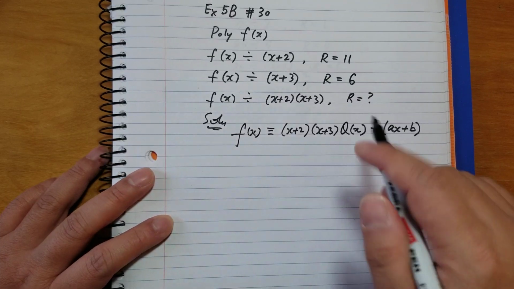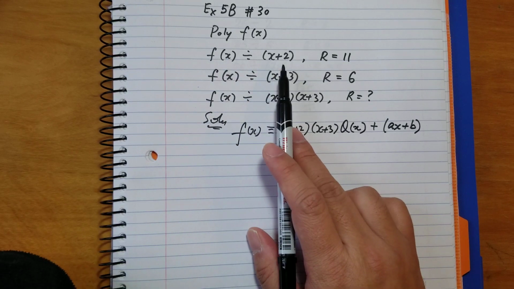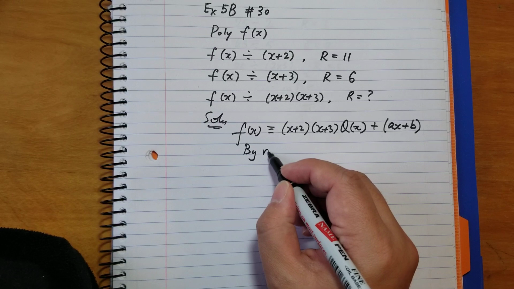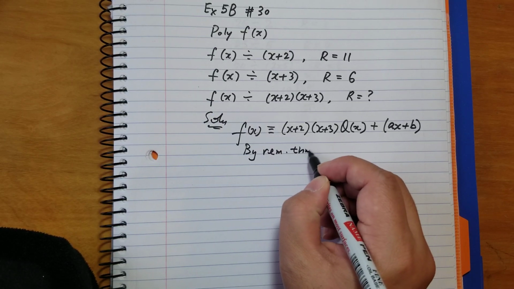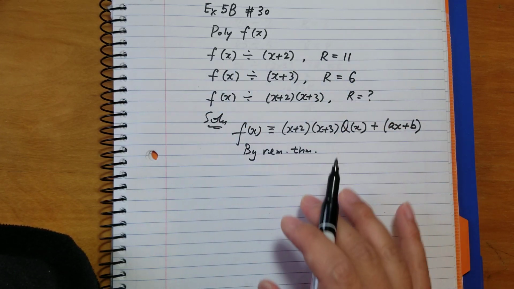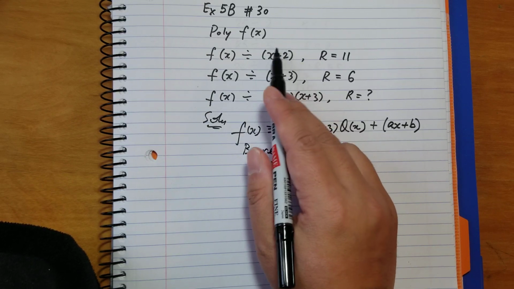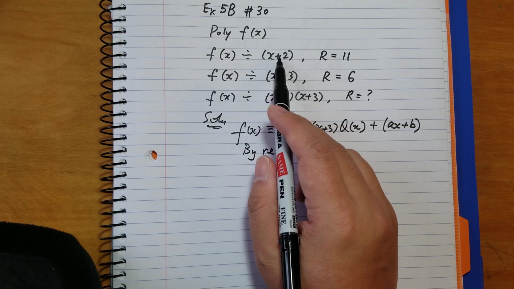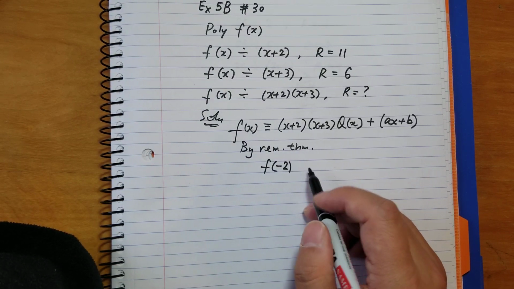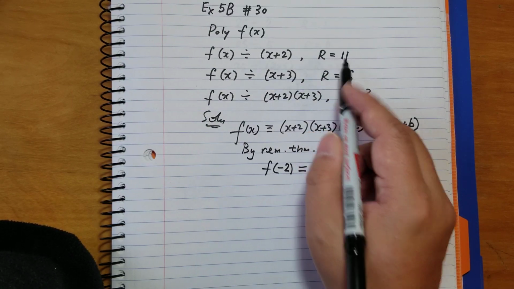So what is given in the question? Look at the first statement: when f(x) is divided by x plus 2, the remainder is 11. By making use of the remainder theorem, you convert this statement into mathematical language. You put x equal to negative 2 into the original dividend f(x), and the result is the remainder, which is given as 11.